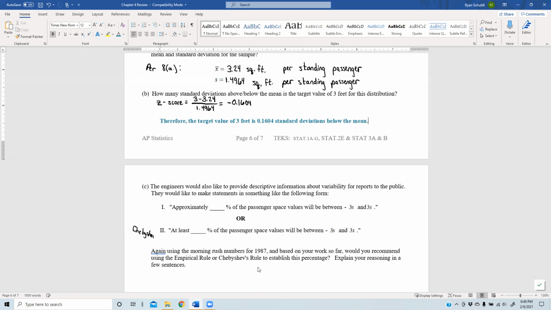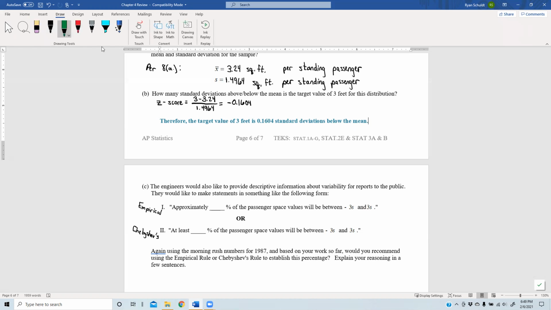Or do we want to use empirical? Well, what do we have to have for empirical? For empirical, we have to have a symmetric distribution.